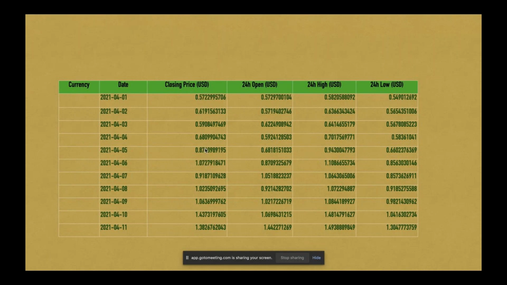April 5th, right? If we have the close here at 0.68, would you guys consider that bullish or bearish? Bullish. So now, say we open at 0.68, right?